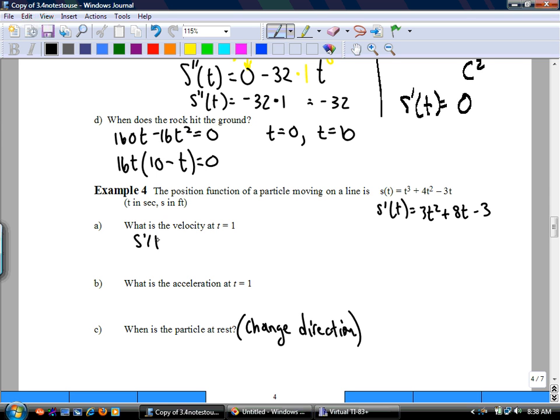S prime of 1, so 3 plus 8 minus 3 is 8 feet per second.